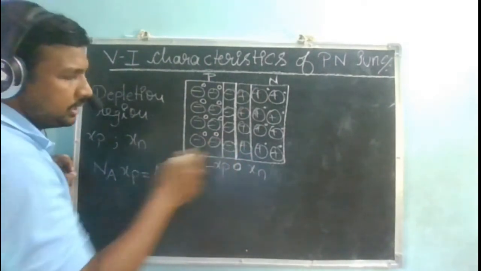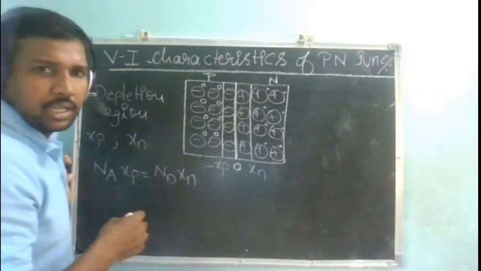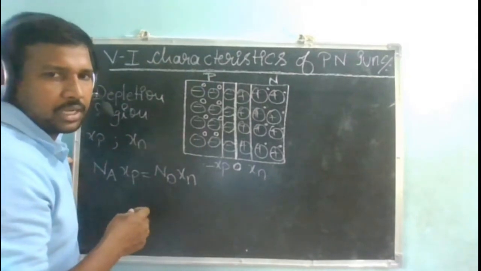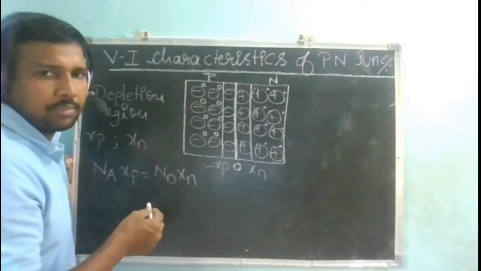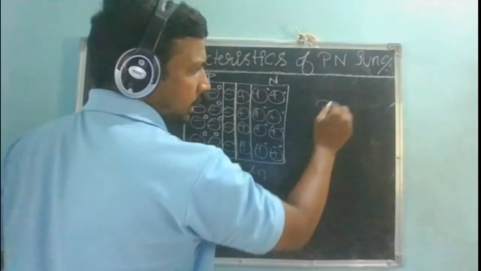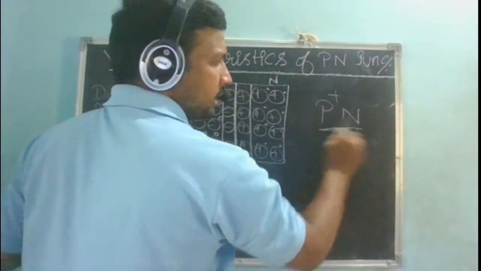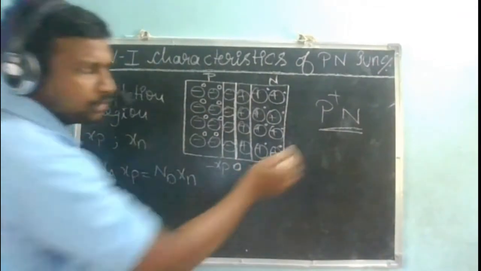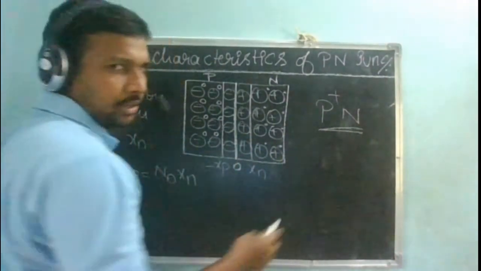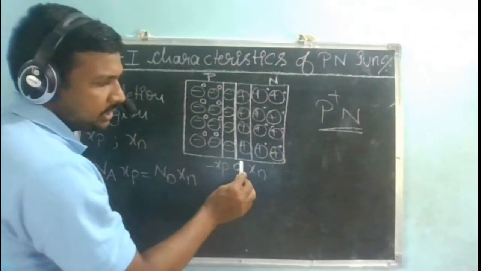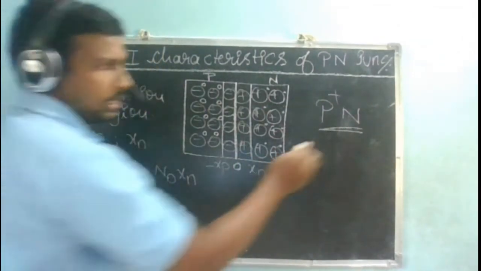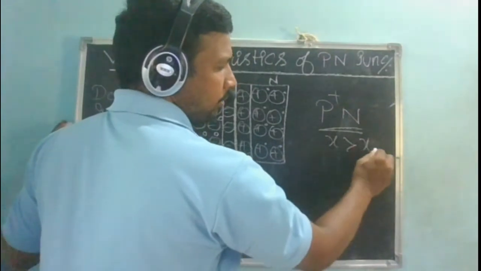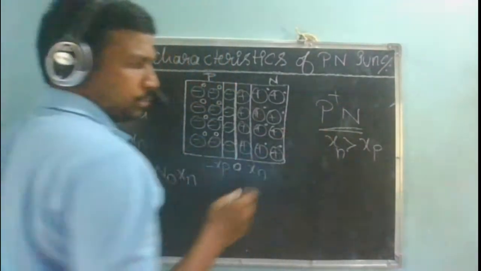In this particular case, I have considered Na equal to Nd, but if the P side is more doped than the N side, like P plus N, that means P type is heavily doped compared to N type, then depletion region will be more in the N side. That means Xn will be very large compared to Xp.